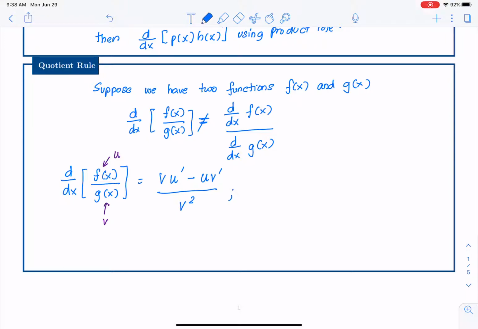And as always, u prime is the derivative of the dependent variable, in this case f, with respect to x. And v prime is d over dx of g of x, which is dv over dx.